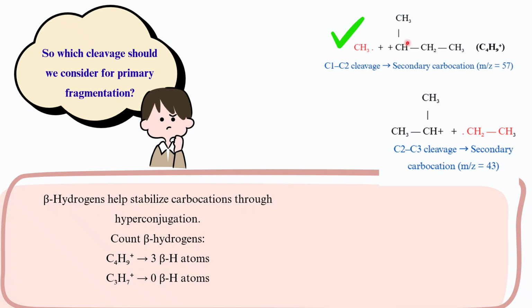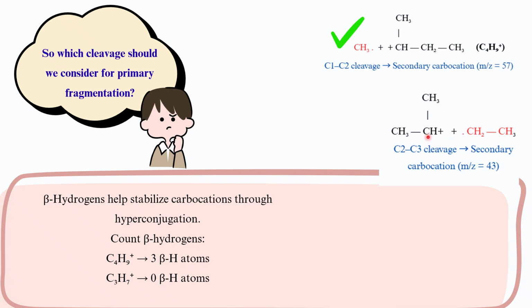In this case, I have 3 beta hydrogens. How do you determine the beta hydrogens? This is my radical cation, and the carbon next to it is called the alpha carbon, and the carbon next to the alpha carbon is called the beta carbon. On the beta carbon I have 3 hydrogens, so these are 3 beta hydrogens.